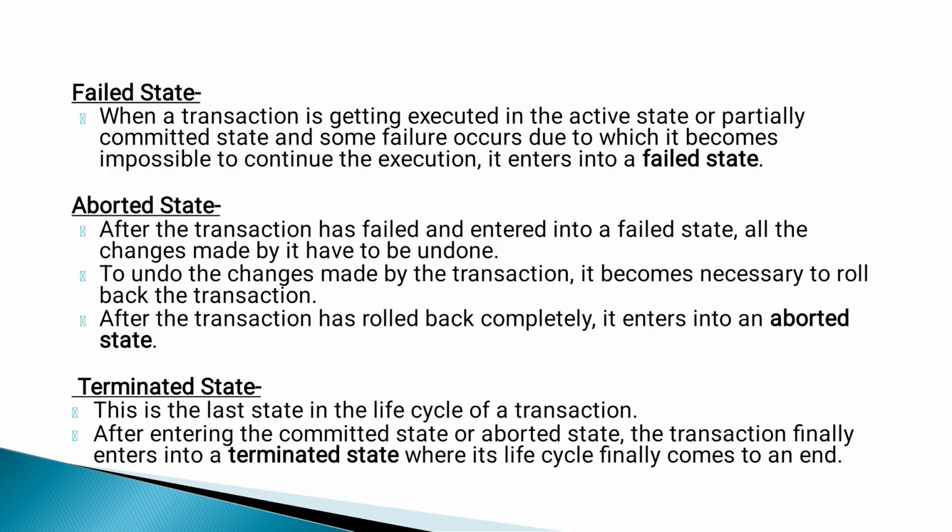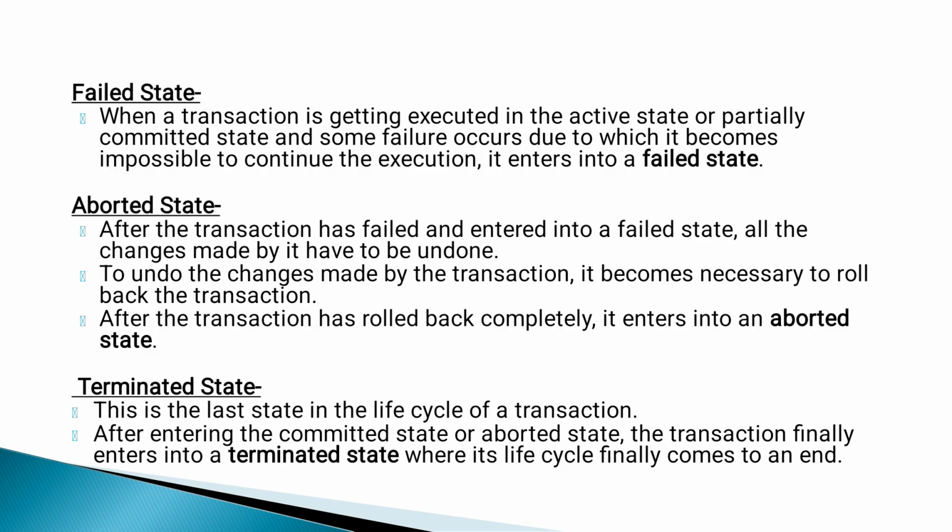Next, the terminated state. It is the last state in the life cycle of the transaction. This state is reached after the committed state or the aborted state of the transaction execution. After the execution in the committed state, if no error occurs in the transaction, it comes to the terminated state.